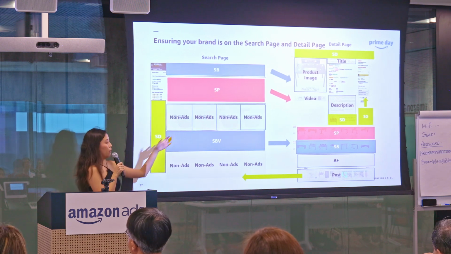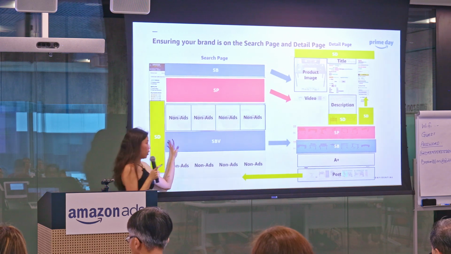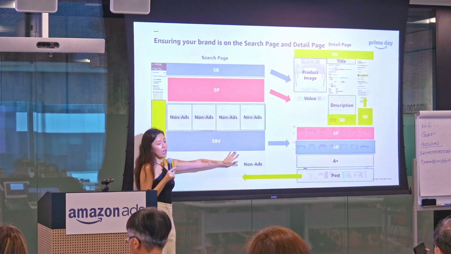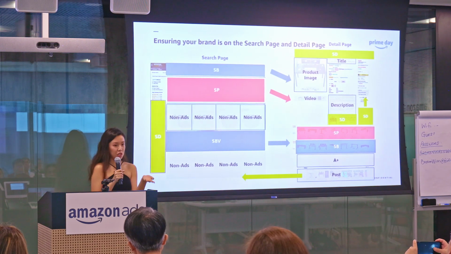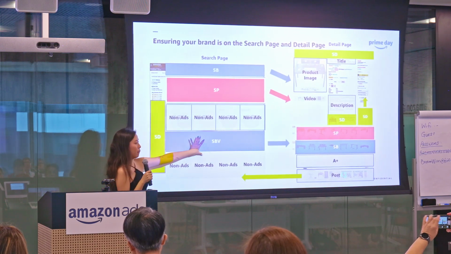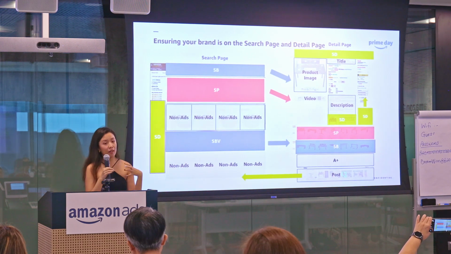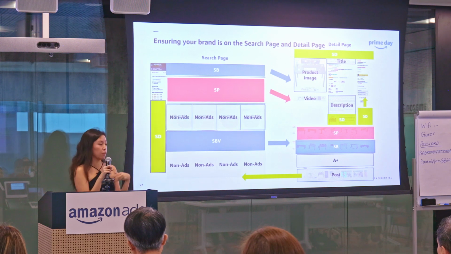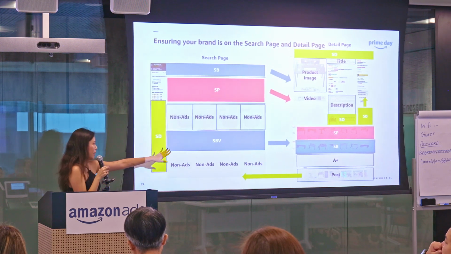But if you try sponsored brands video, one video occupies the entire space. So it's very interruptive when a consumer searches for, for example, massage gun, and they see a whole video appearing showing the effects of the massage gun. It's very eye-catching, so it's proven to be one of the more effective upper funnel products that we have.